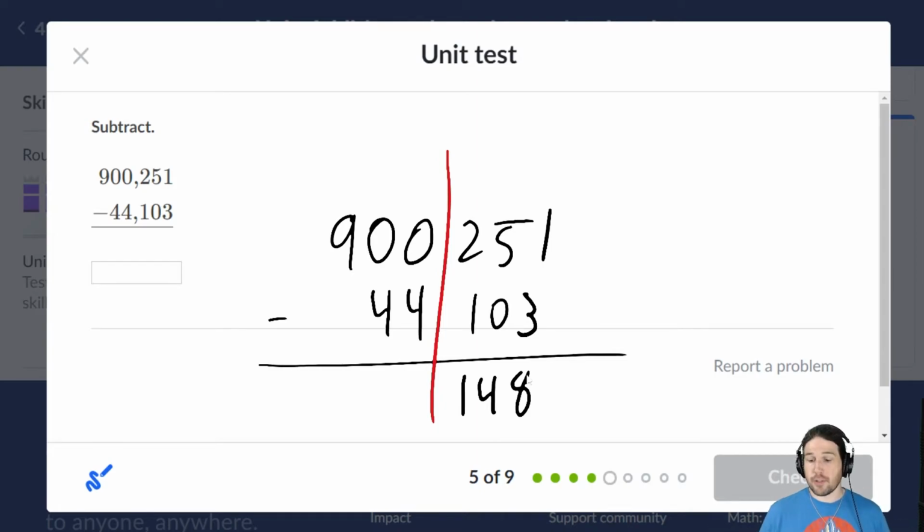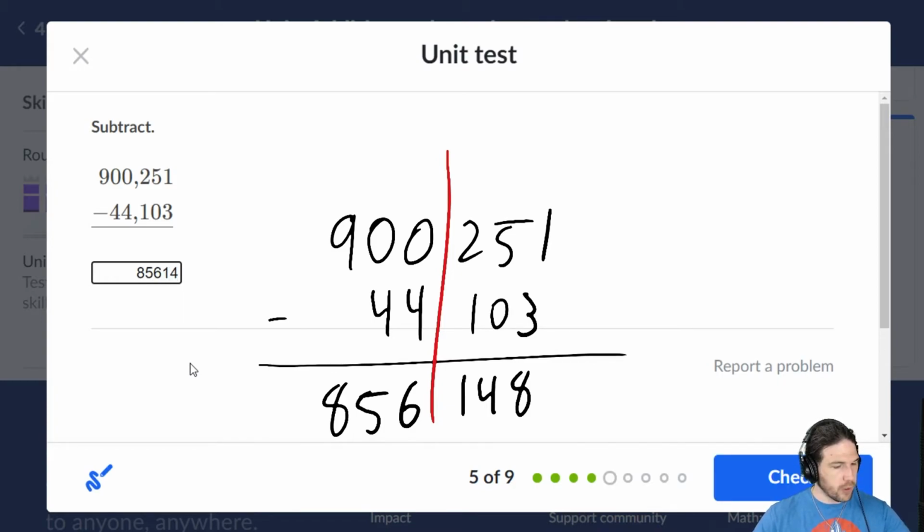And 900 minus 44 is 856. Two smaller problems that I could do in my head easily that I'm confident in. And then I can go ahead and say, oh yeah, 8 and 3 is 11, 1 and 4 is 5, 1 and 1 is 2, 10, 10, yeah. Go through and I re-add it in my head to make sure that I got the right answer.